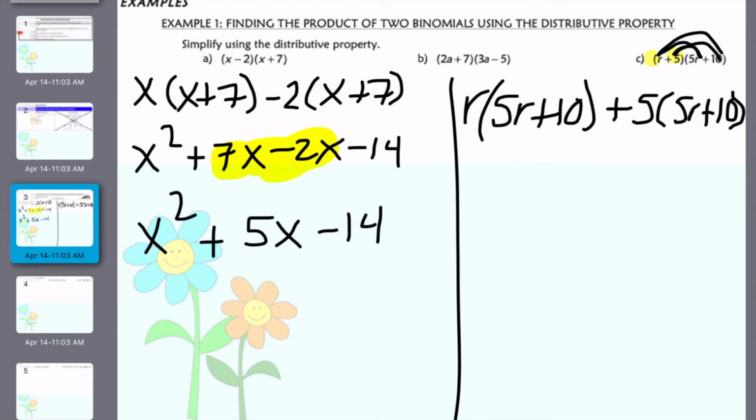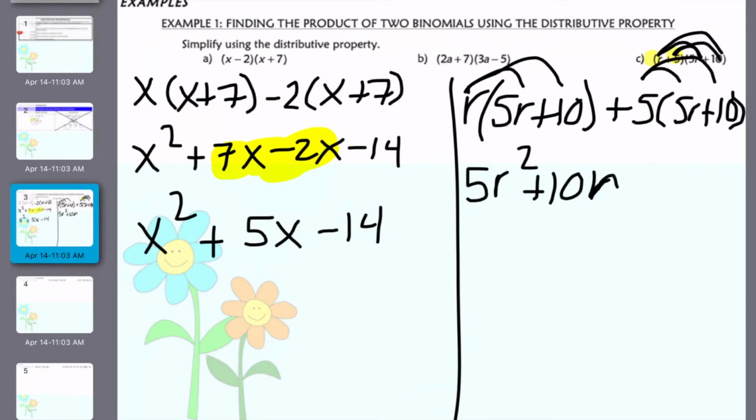So r times 5r gives me 5r squared. R times 10 gives me 10r. 5 times 5r gives me positive 25r, and 5 times 10 gives me positive 50.